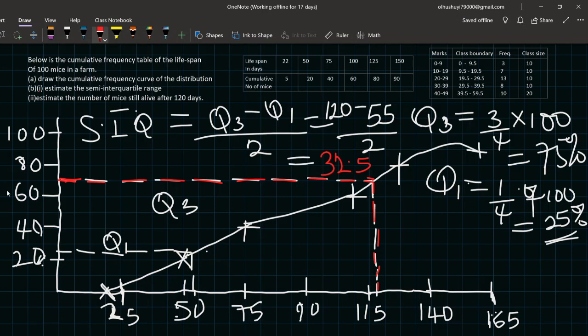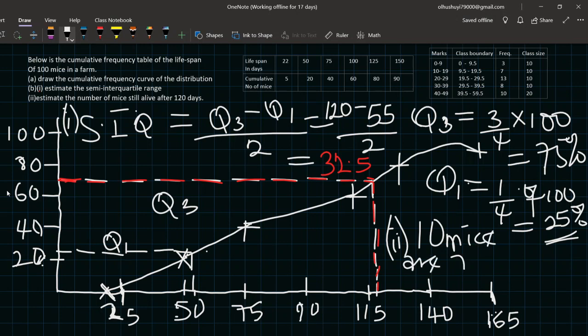So for those mice that will be alive for 120 days, we have 10 mice alive. Just know that it is 10 mice.